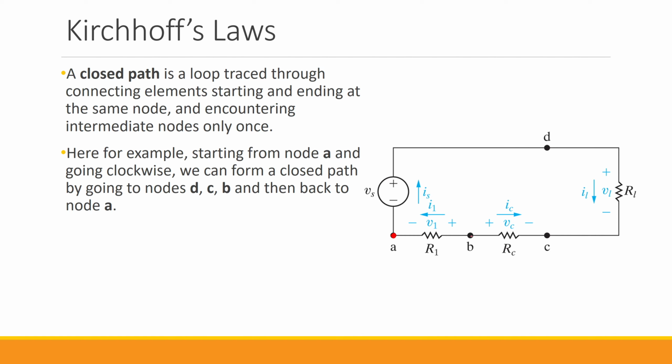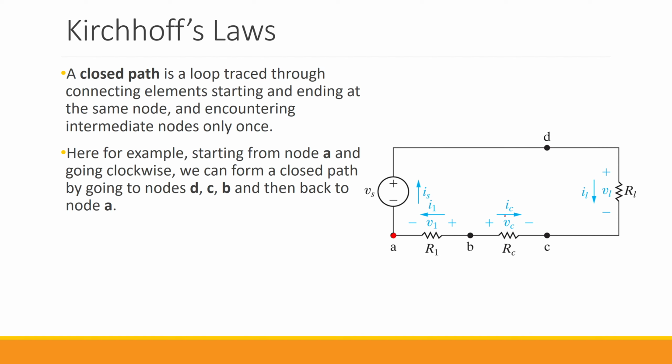Even if you go backward, it is still practically the same loop, right? Because the whole point is that you start from a node, you go in a circle or a loop without any break, and you end up at the same node. So going from A to D and C and B and then A is the same as going from C to D and A to B and again C.